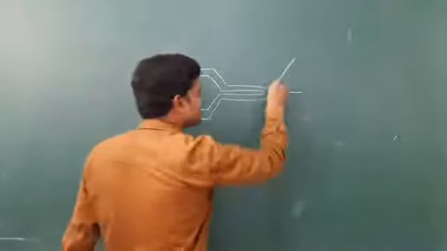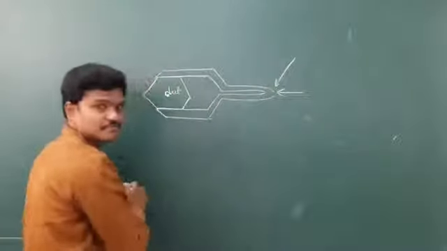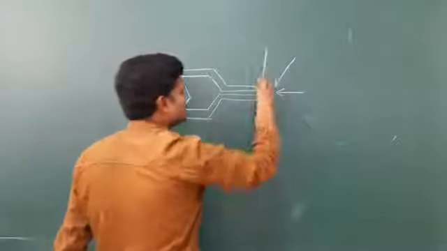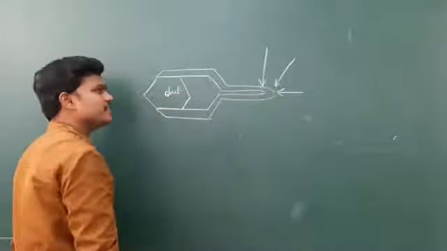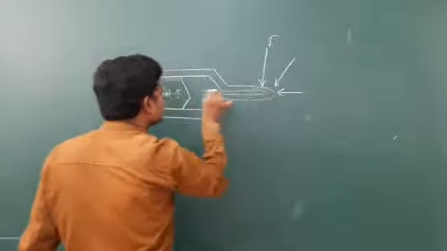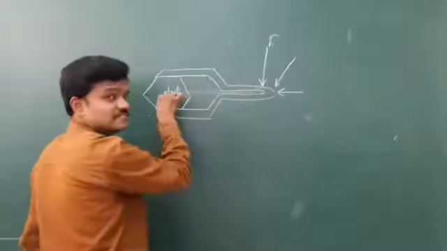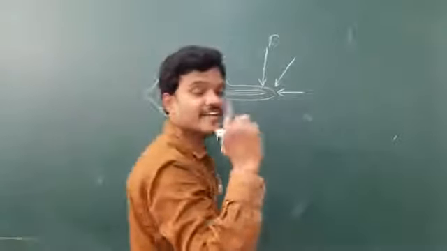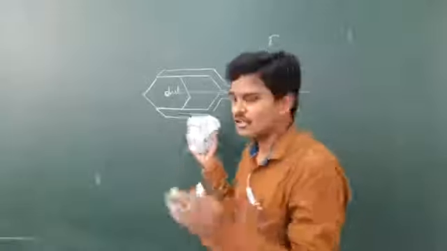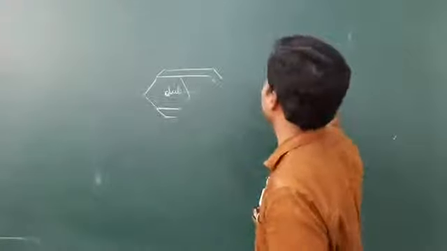If I apply a force like this, yes, there is a chance of rotation. If I apply a force like this, it rotates with the maximum effect. Here this force and this distance from the axis create a torque. This torque we also call the moment of force. Sometimes we use a couple also.